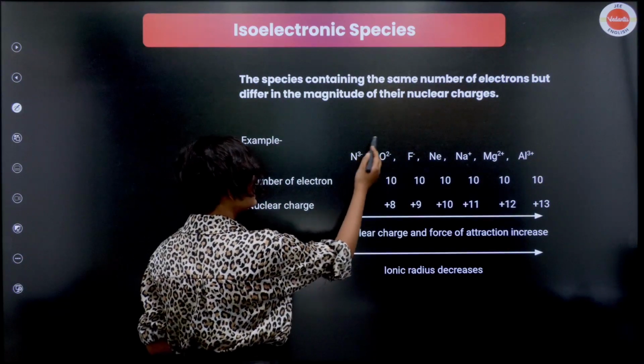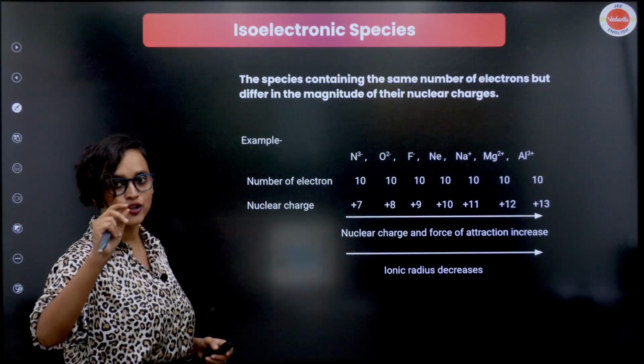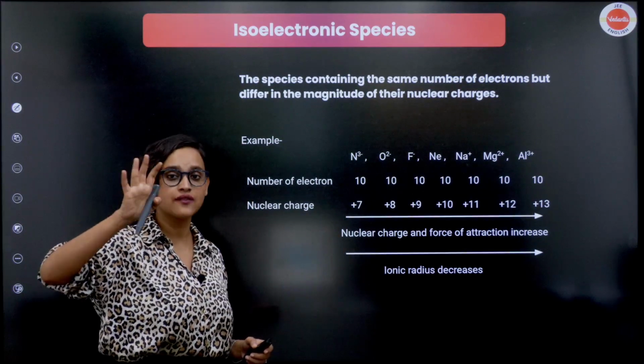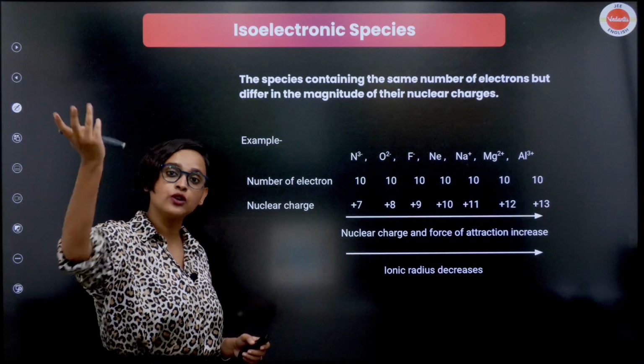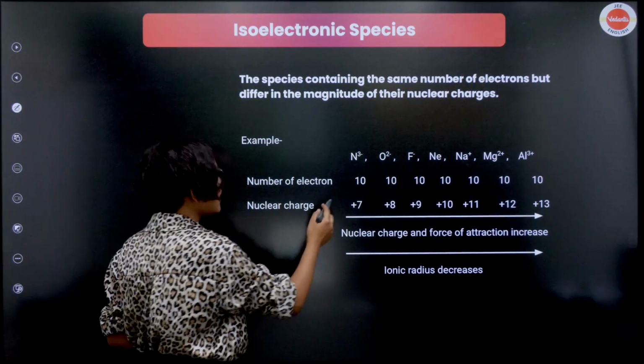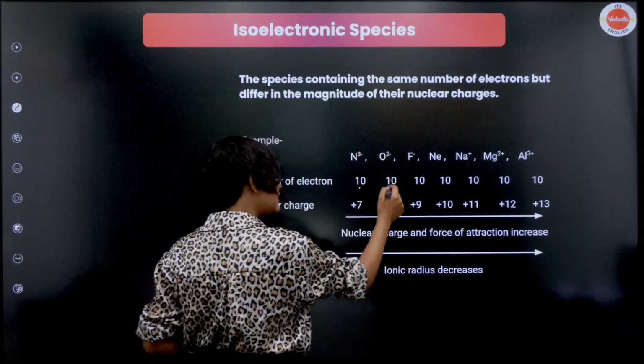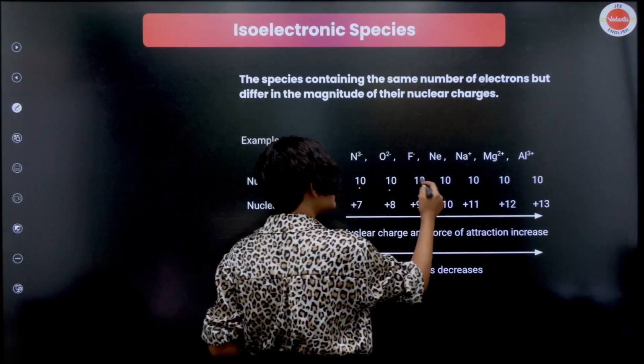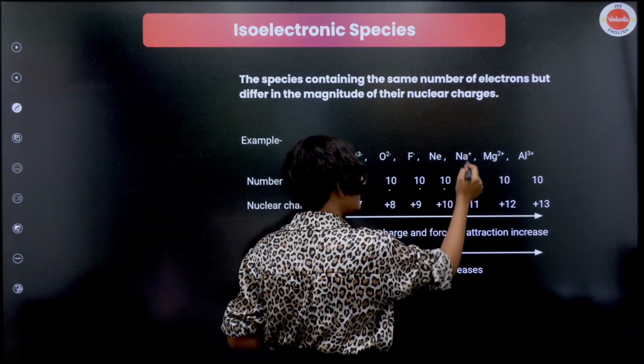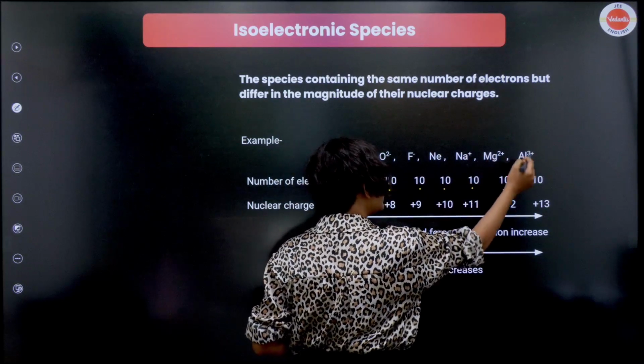See, N3-: nitrogen has 7 electrons and 7 protons. If you give it 3 more electrons, the number of electrons is 10. O2- 10, F- 10, neon 10, Na+ 10, Mg2+ 10, Al3+ 10.